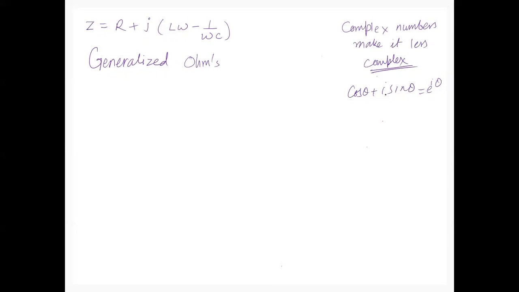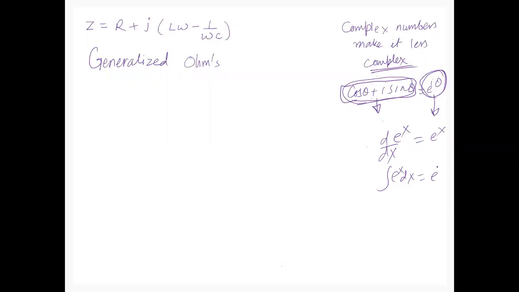Right? So see, if you have complex notation, then instead of doing this, for instance, I'll give you just one example, very easy. Instead of doing derivative or integration here, you just do the integration or derivative here, which is way easier because the derivative of e to the x is e to the x.